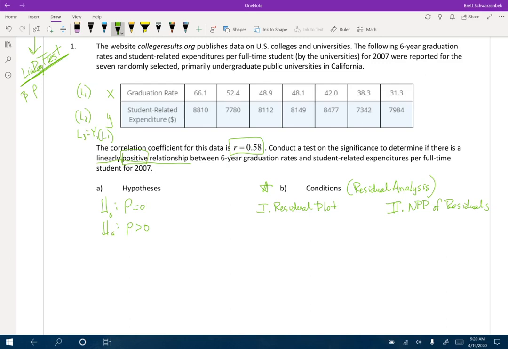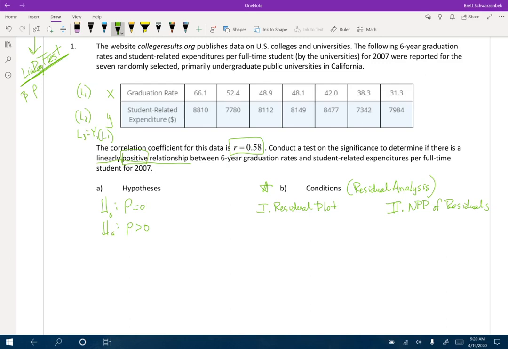Then you're putting L1, L2 as your x and y, and then you're putting Y1 in for the reg equation.